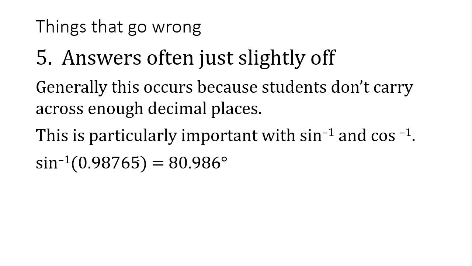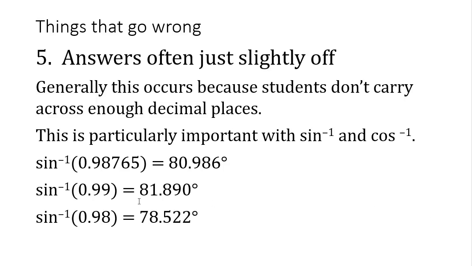For example, if we have this inverse sine of 0.98765, but you cut the answer down very short, either you round it to 0.99, you notice this is out by almost a whole degree. Whereas if you, even worse, chopped it at 0.98, it's out by a degree and a half.